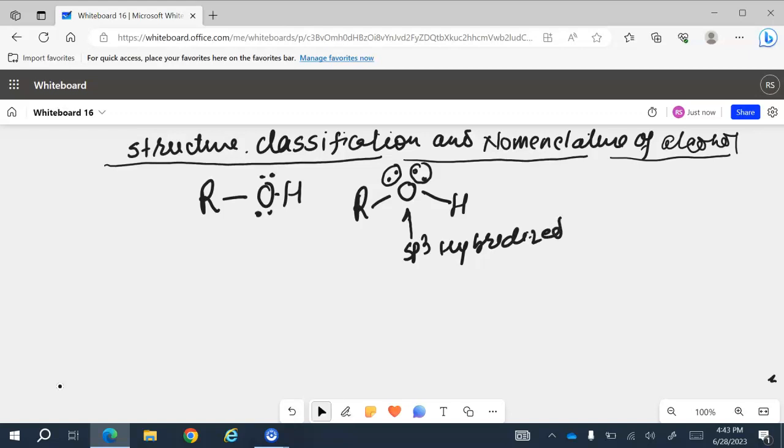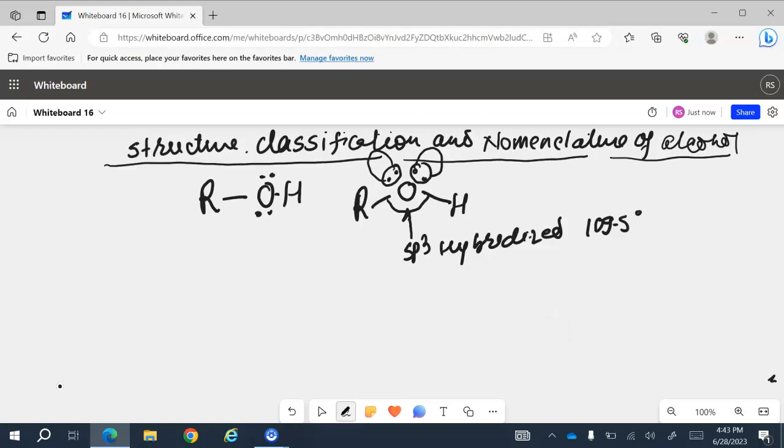Since it is sp3 hybridized, the ROH bond angle is supposed to be 109.5 degrees theoretically. However, since these two lone pairs of electrons occupy somewhat larger space, the bonds are a little bit squeezed.